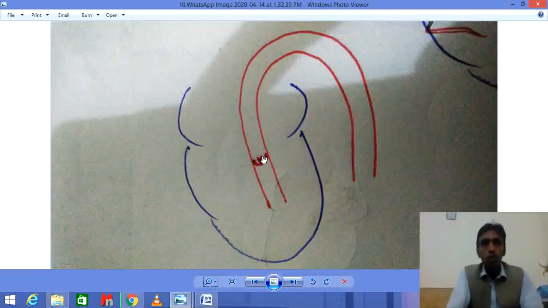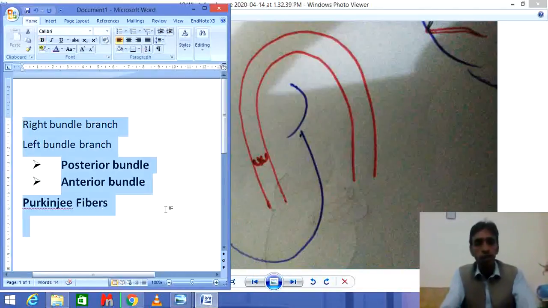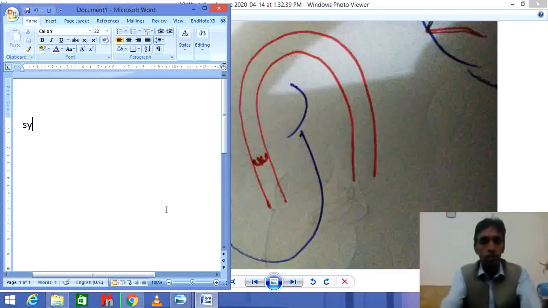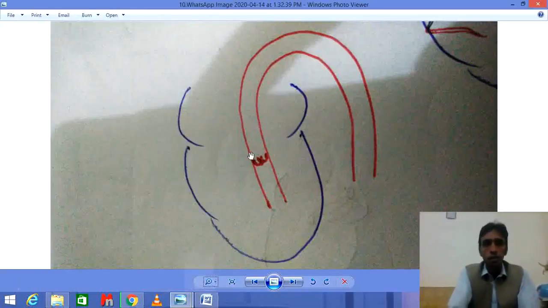So we will learn a few terminologies over here. First terminology is systole. Systole is the contraction of the ventricle. The contraction of the right atrium or left atrium is also called systole.